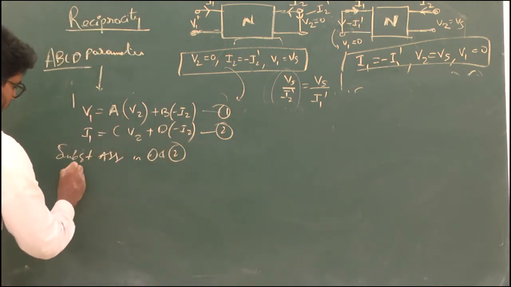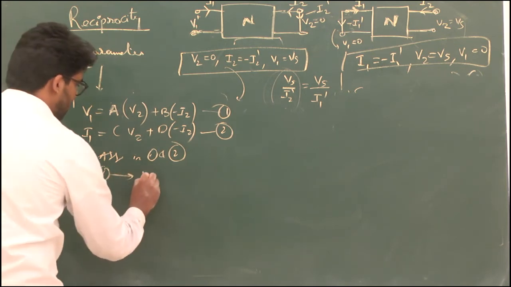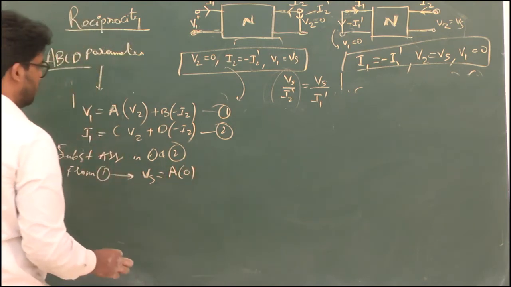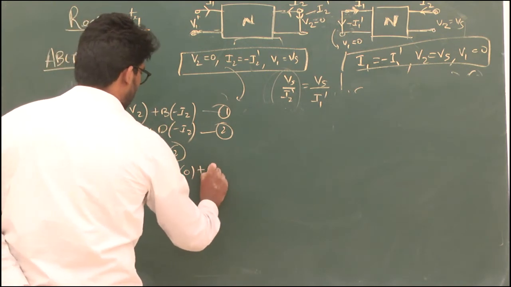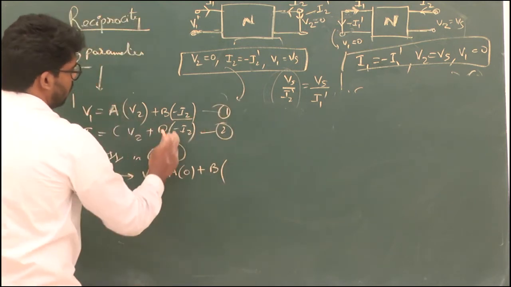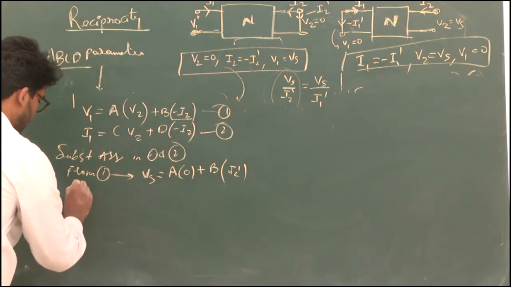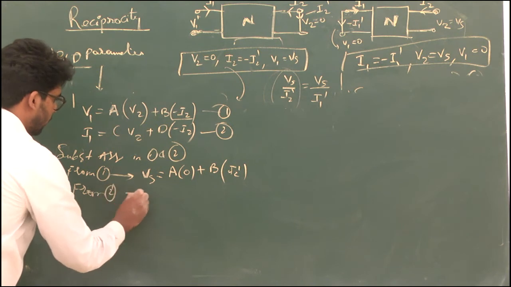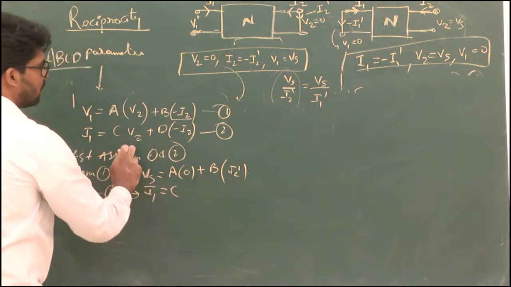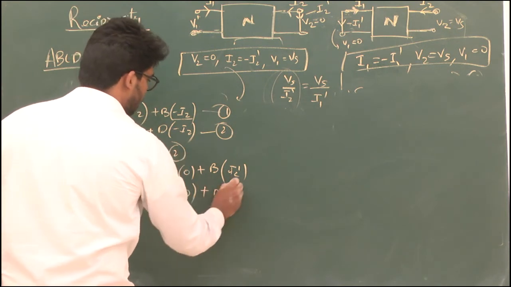From 1 we get V1 is replaced with Vs, plus A into V2, which is replaced with 0, plus B into I2. Here we have minus I2, so we replace I2 with I2 dash directly. Now from 2, I1 is not changed here, equal to C V2, replaced with 0, plus D into minus I2, which is replaced with I2 dash.